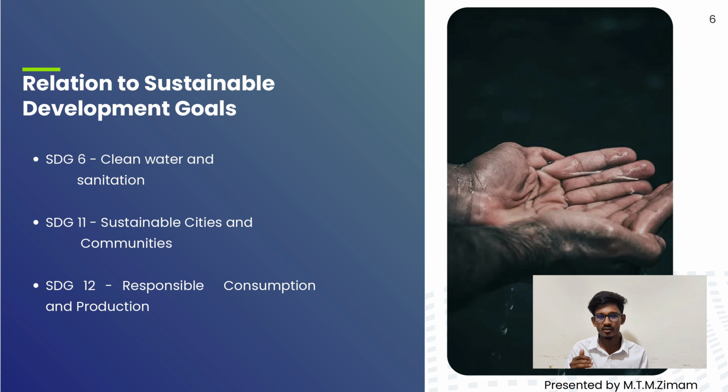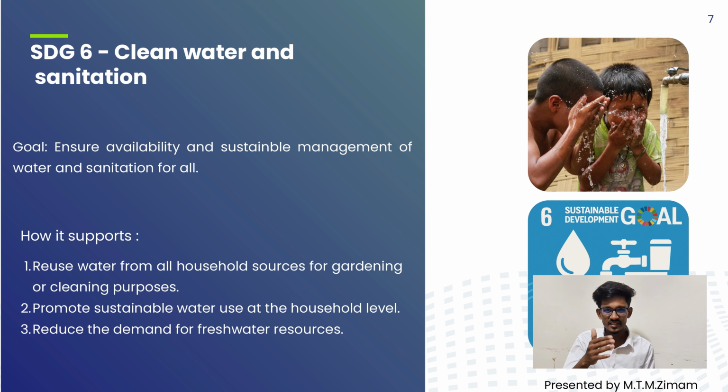three key sustainable development goals, SDG 6, SDG 11 and SDG 12, and why these goals bring real benefits to our stakeholders. First one is SDG 6, clean water and sanitation. Our first link is SDG 6, which aims to ensure clean and safe water for everyone.